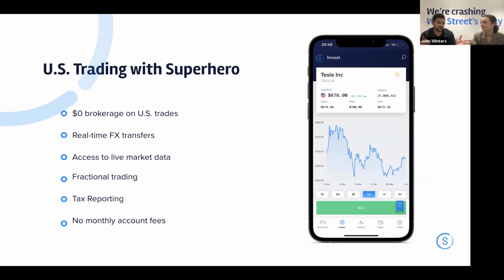So you have ownership over that fraction. You can buy whole units. You can buy 2 or 3 or 50 units or as many as you want in any particular share. But if you did want to invest just a dollar amount into something, you can with Superhero. And it really opens up that accessibility to investing as well.